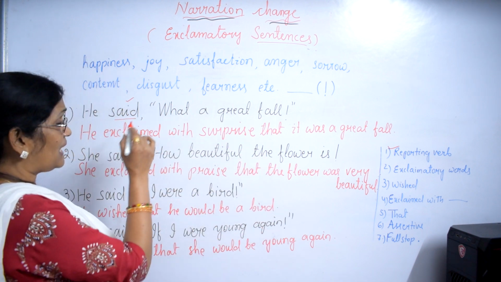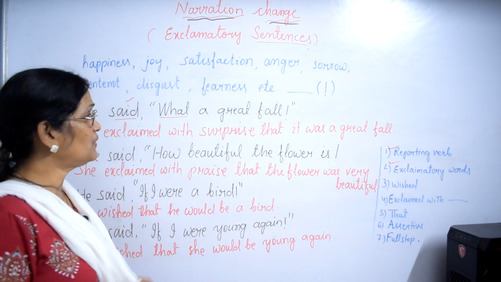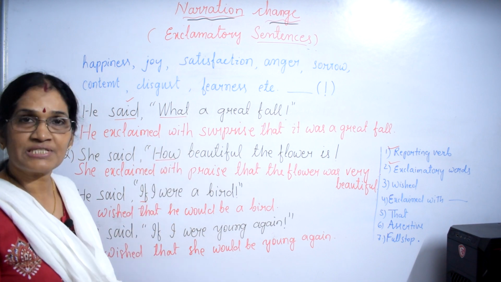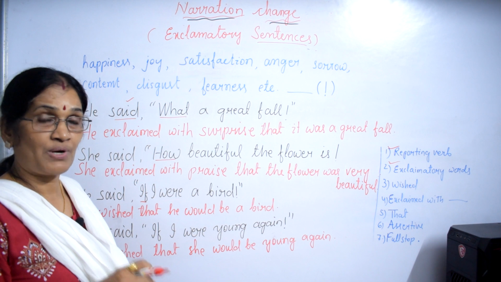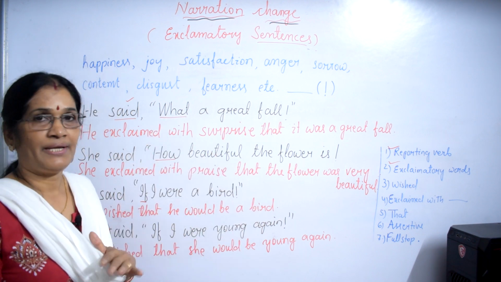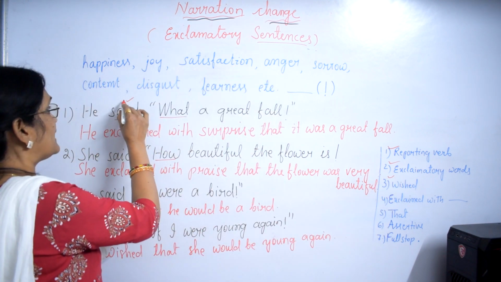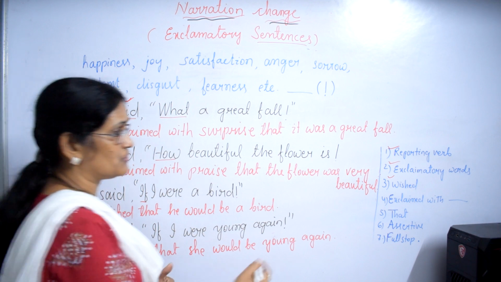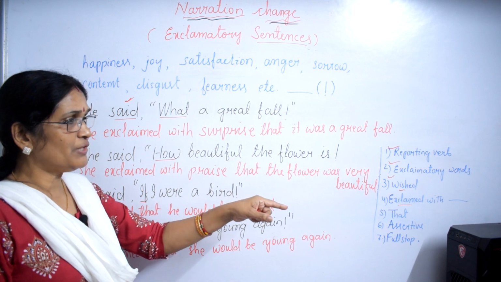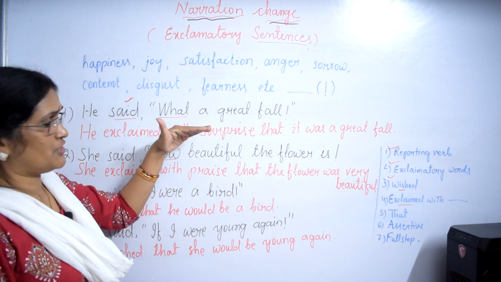Then another, we have to notice the exclamatory words. Which are exclamatory words? What, how, if. More words are used as exclamatory words. In indirect speech, those words will be removed. Then instead of said, which word will be used? Wished or exclaimed with, and the feelings of our expressions.